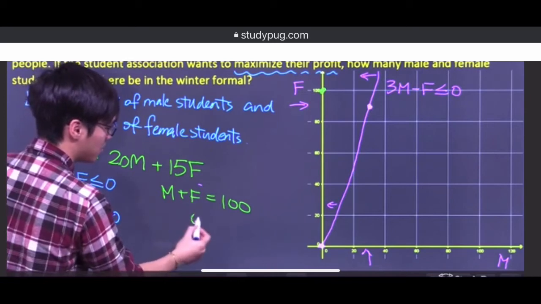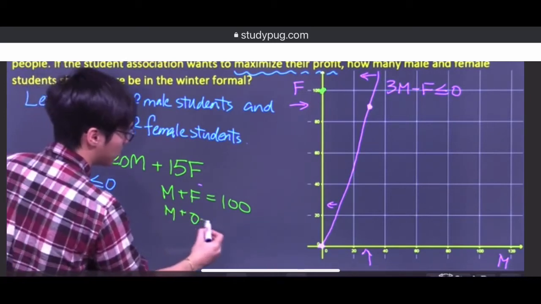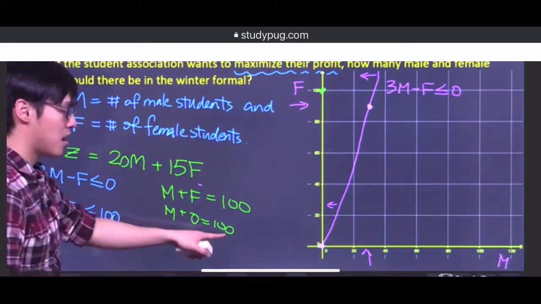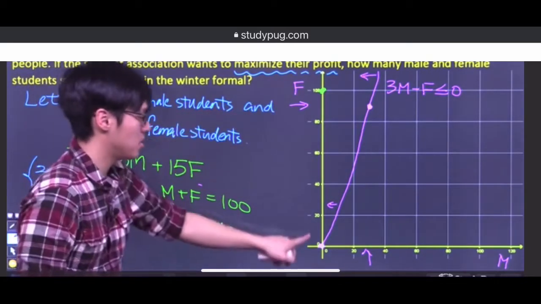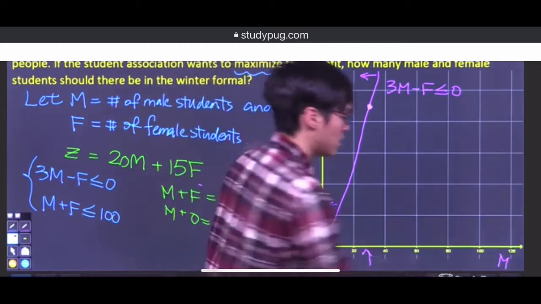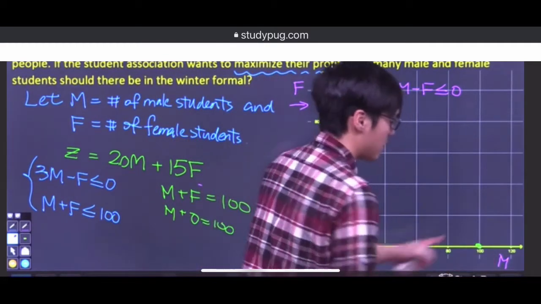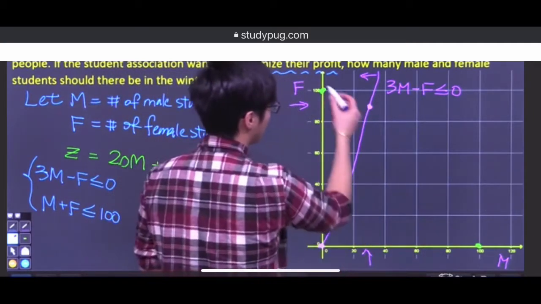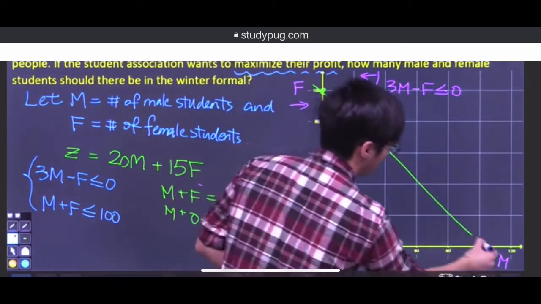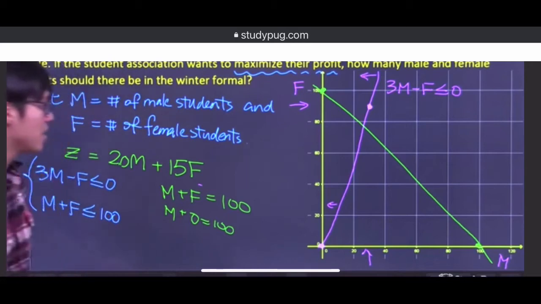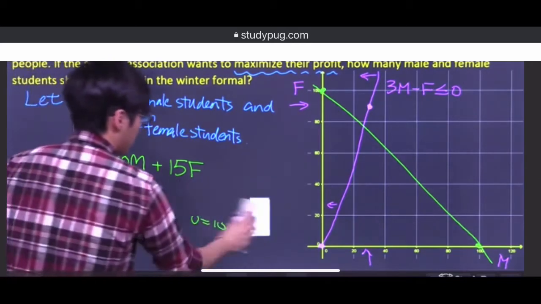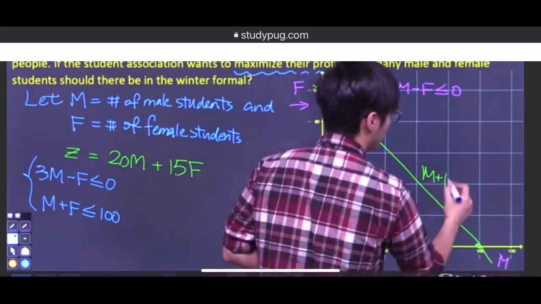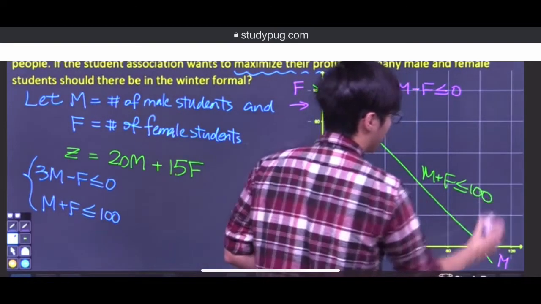So f equals 0, we have m plus 0 equals 100. So m, in this case, must be 100, right? So f is 0, m would be 100. So that is the other point on the graph. Having 2 points, we just connect them and we get our straight line. Okay? Now, this is the line for m plus f less than or equal to 100, right?